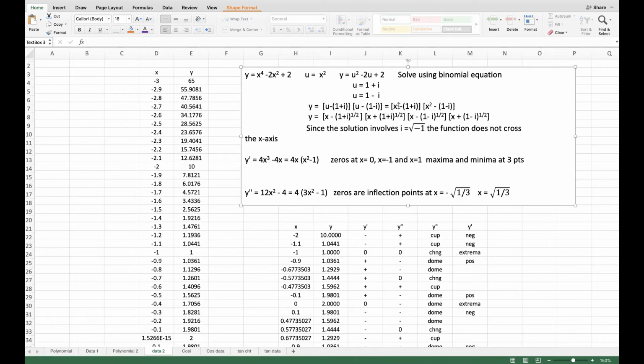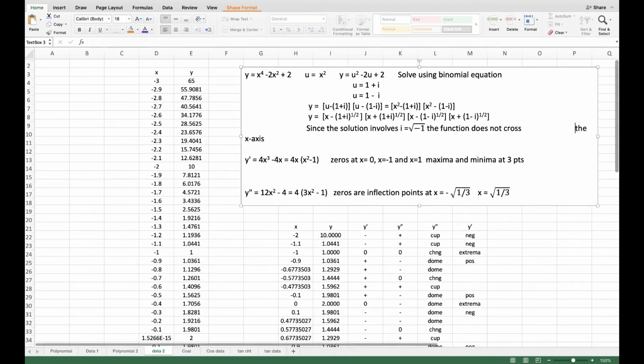And that, when you plug back in that substitution where u equals x squared, you find that you can then further factor, and you end up with this great big monstrosity, and none of it crosses the x-axis because there are no zeros to this particular function.